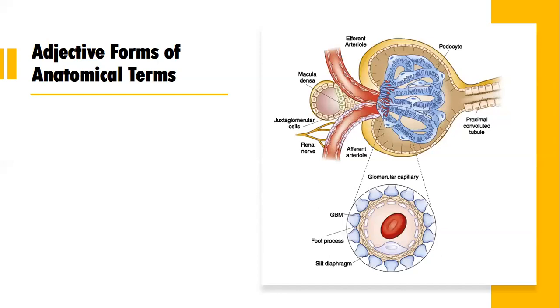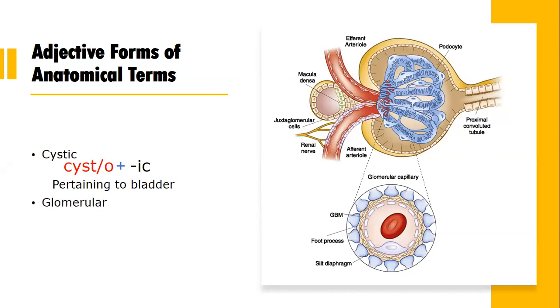Adjective forms of anatomical terms: cyst, cysto, or cystic, pertaining to the bladder, like cystoscopy or cystitis.